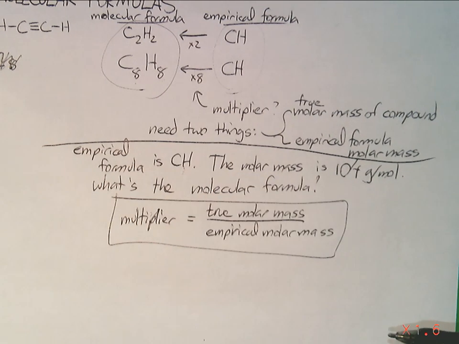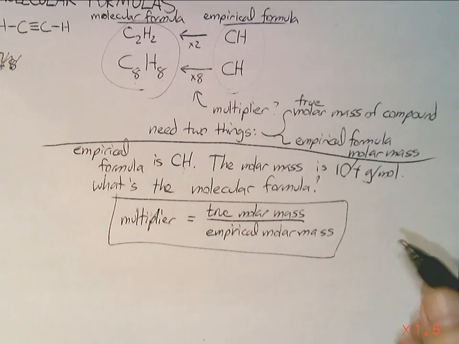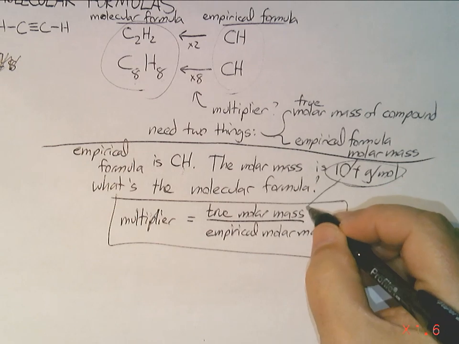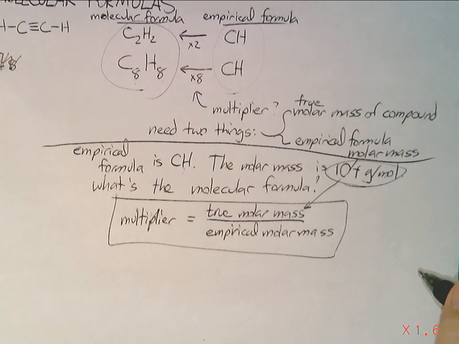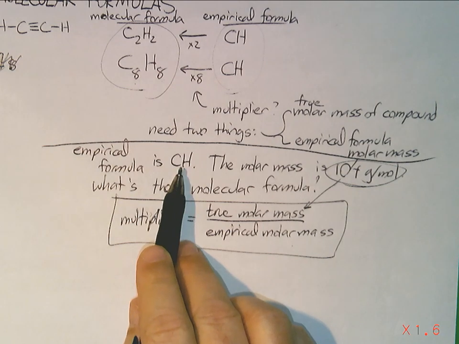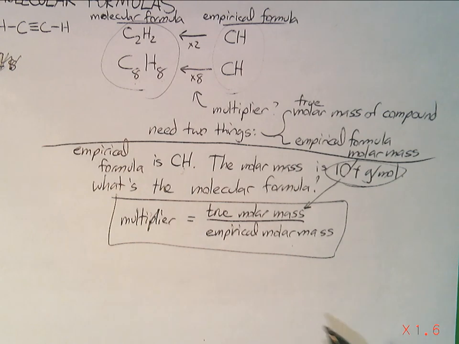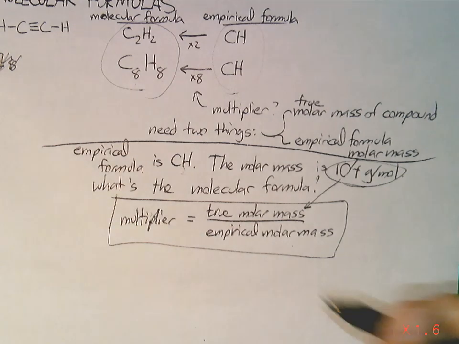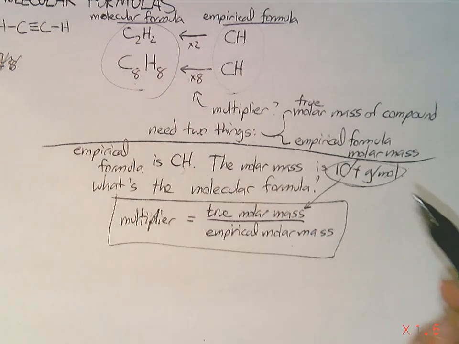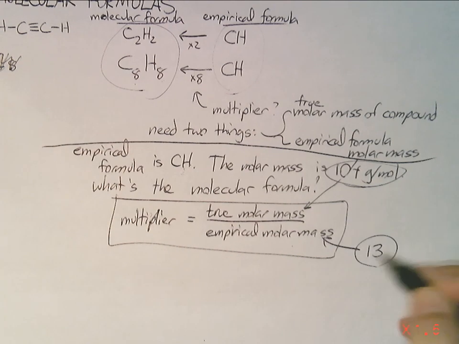That's worth remembering. Now, in this particular problem, we know what the true molar mass is. That's the 104 that they gave us. What's the empirical formula mass? Well, they didn't give us that, but they did give us the empirical formula. It's CH. So the empirical formula mass is going to be the mass of carbon, which is 12, plus the mass of hydrogen, which is 1. So this should be 13.